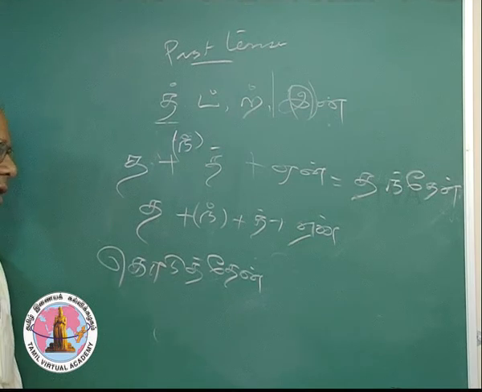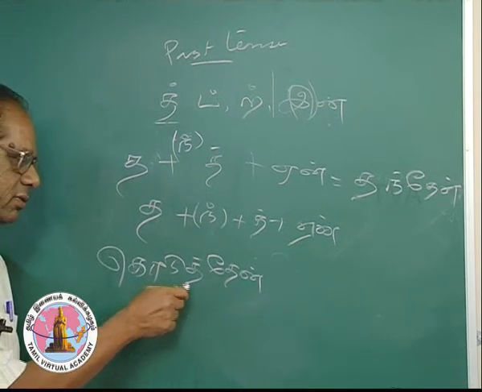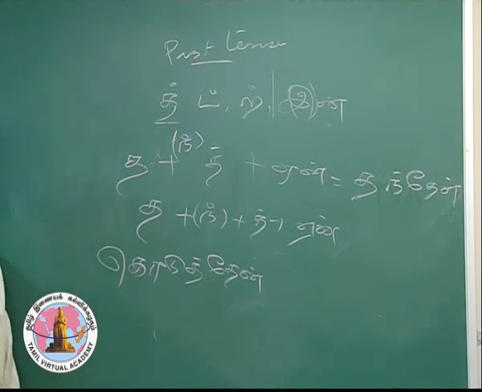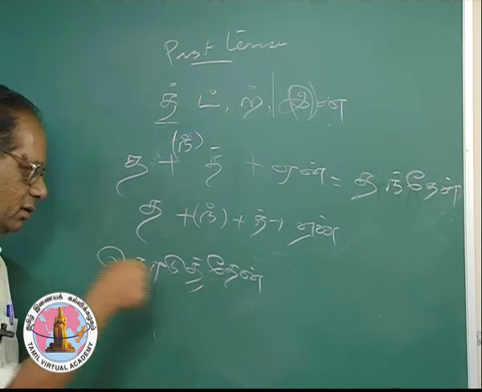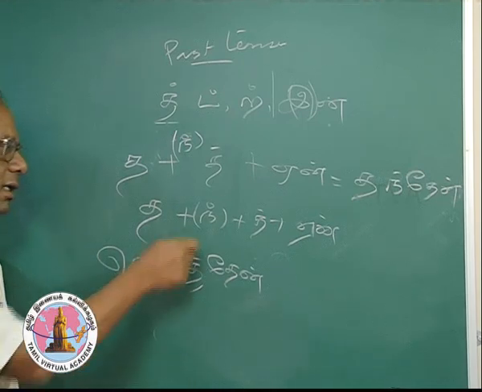Now naturally you can raise a question. When it is a question of doubling, why should it be it here and in here?